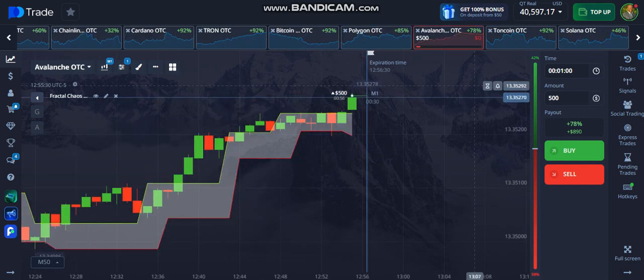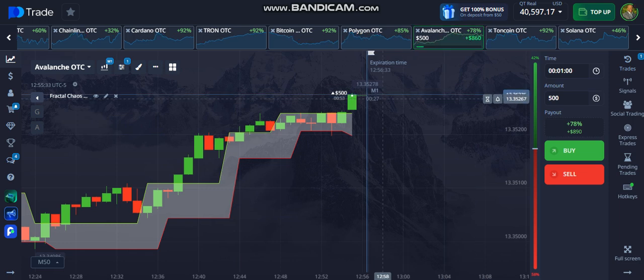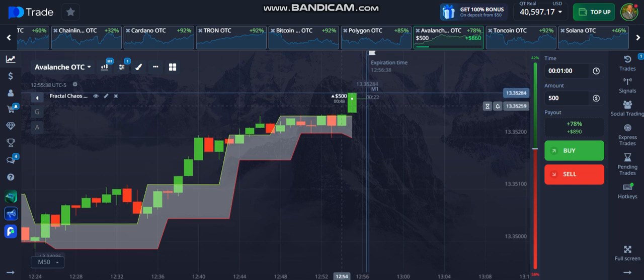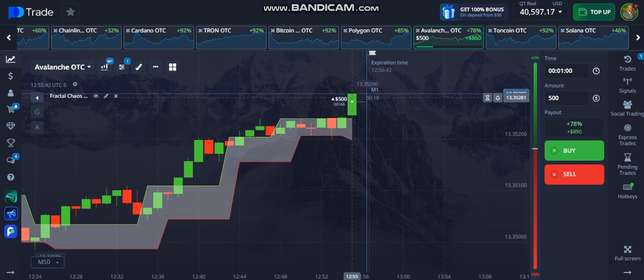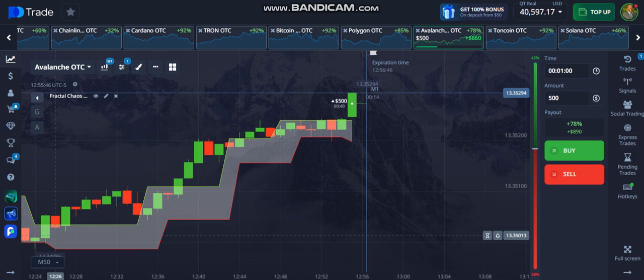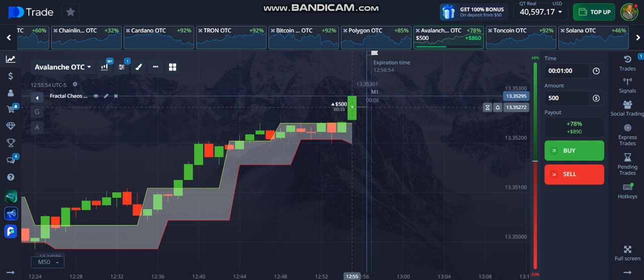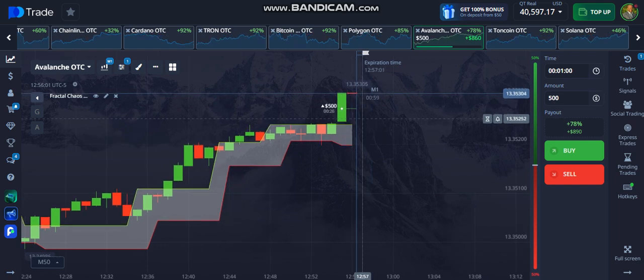Okay, so I'm on Avalanche Crypto, and I just took a buy trade here. And the reason why I took the buy trade is because this candle here is set to close outside the upper boundary of this fractal chaos band line. And you're also seeing a bullish trend in the price. And so I anticipate this candle will close above the band line here, the green band line.